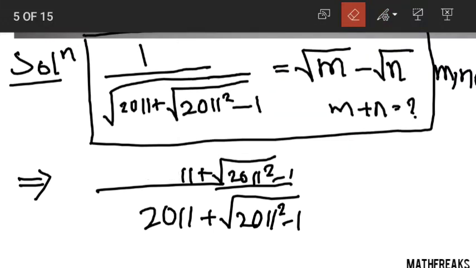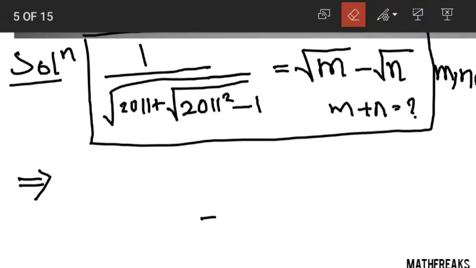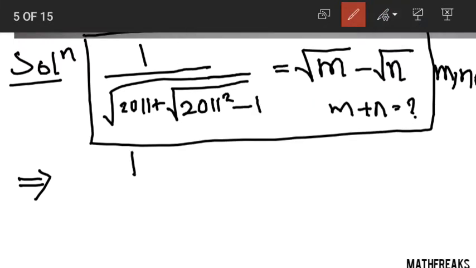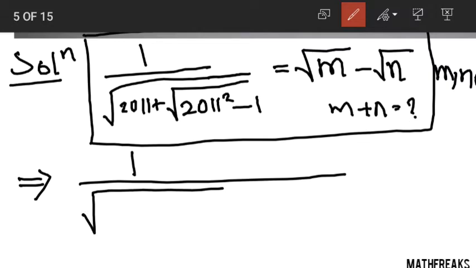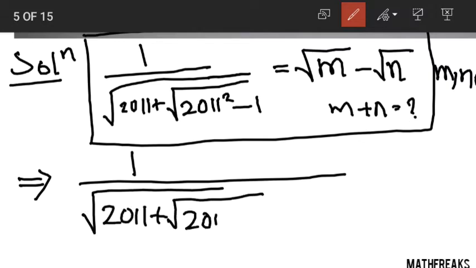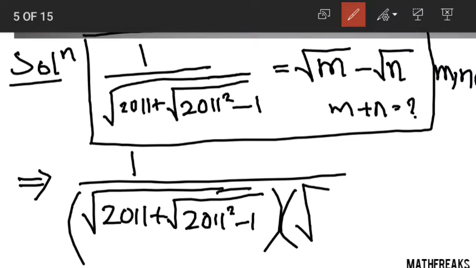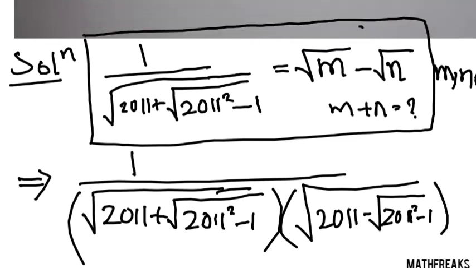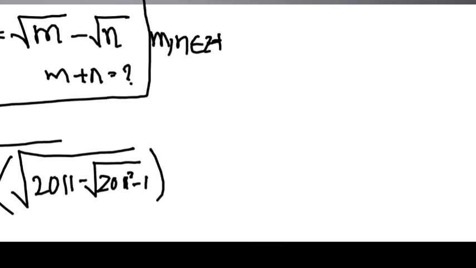Okay, I think I got a better way. What if we multiply the denominator with this one, this would be helpful, I guess, to rationalize the root. Yes, I think this is going to help.